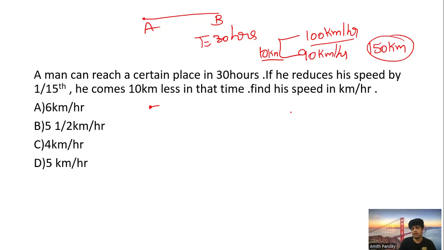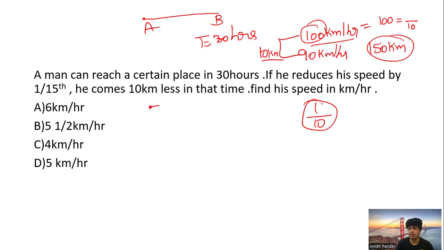And your actual speed is 100. So now it has become what? 1/10 has reduced. Total is 100, right? So if I consider this 100 into 10 parts, every part is 10 kilometer.